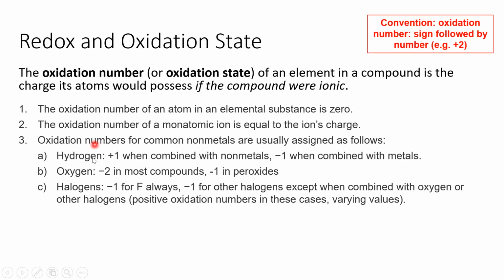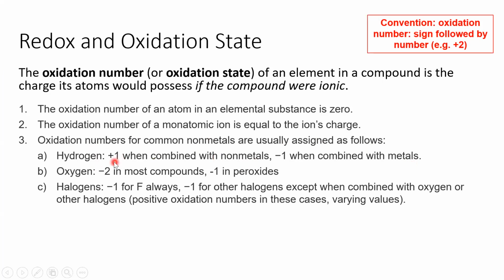If we talk about hydrogen, hydrogen is assigned an oxidation number of +1 when it's combined with non-metals and a -1 when it's combined with metals. Remember again that non-metals are on the right side of the periodic table and metals are on the left-hand side.